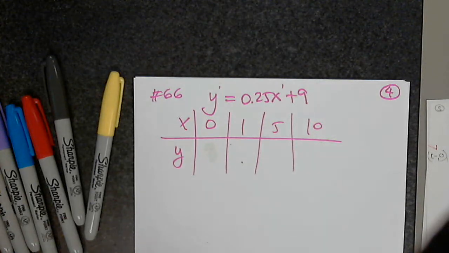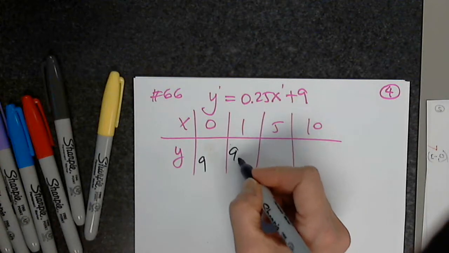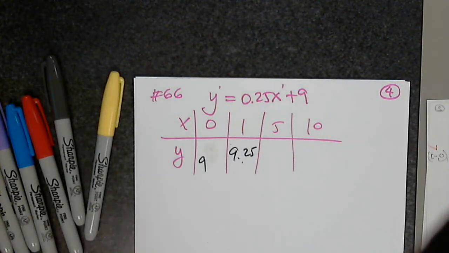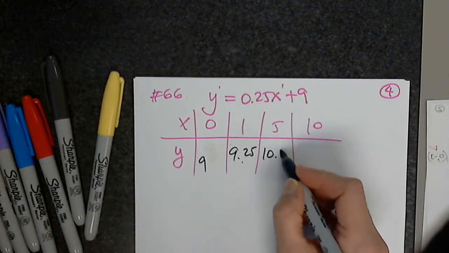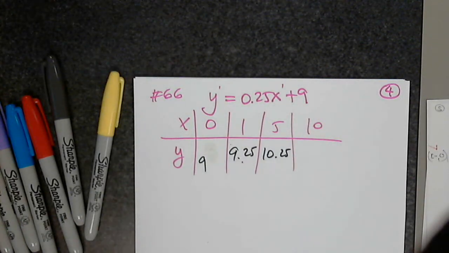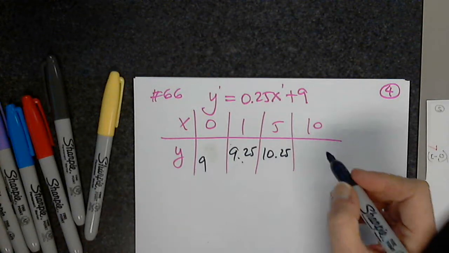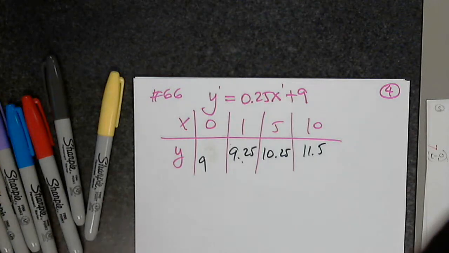When X is 0, how much is Y? Good. When X is 1, how much is Y? 9.25 Of course. When X is 5, 10.25 Very good. And when X is 10, 11.5.